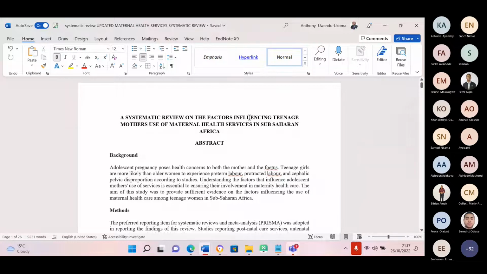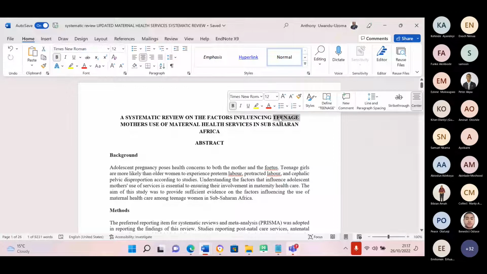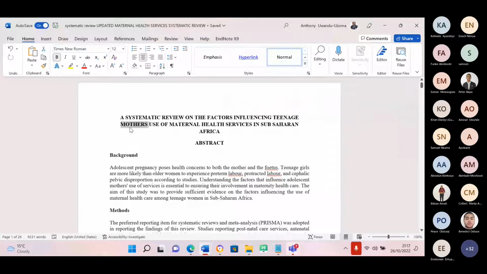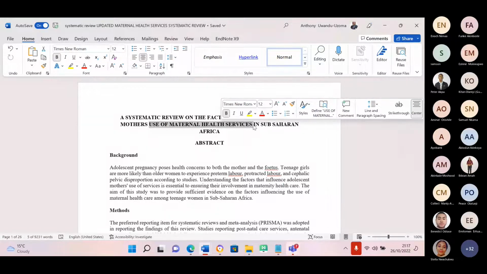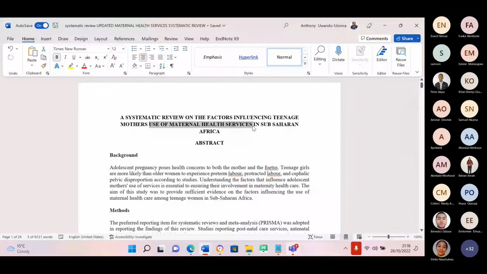What concept am I looking at again? Maternal health services. This is a big concept, but under the use of maternal health services, what exactly am I looking at? I can say this is a phenomenon, and under it there are different concepts. So what do I mean by maternal health services?